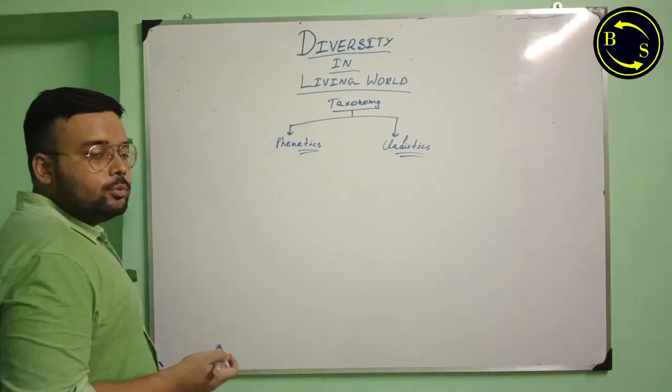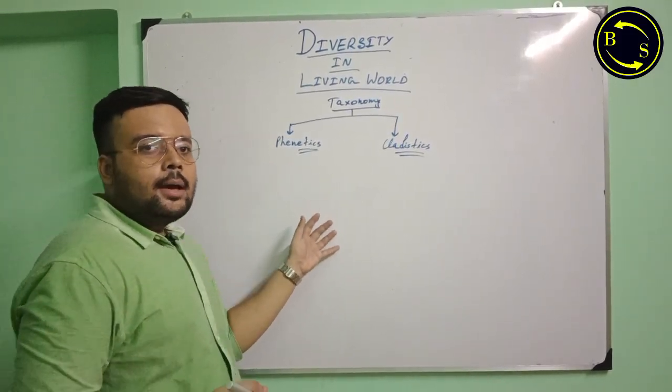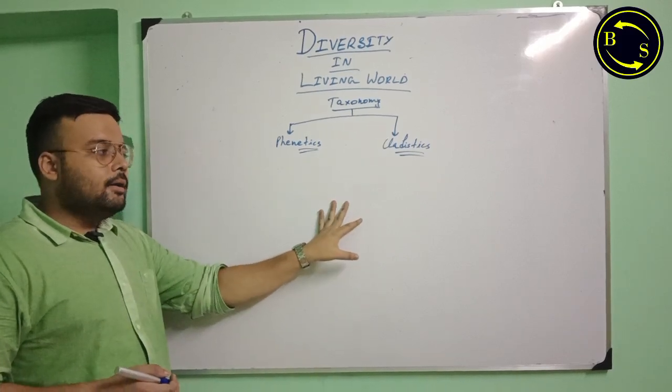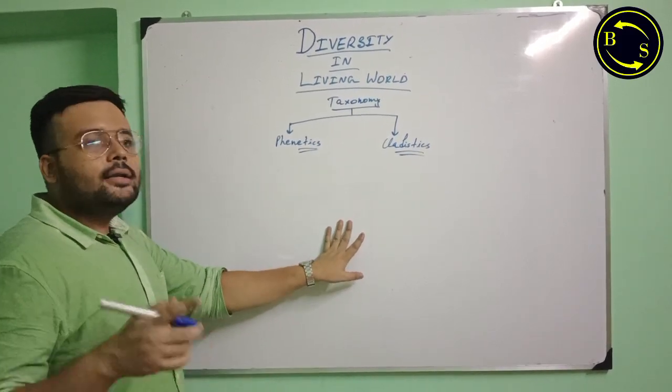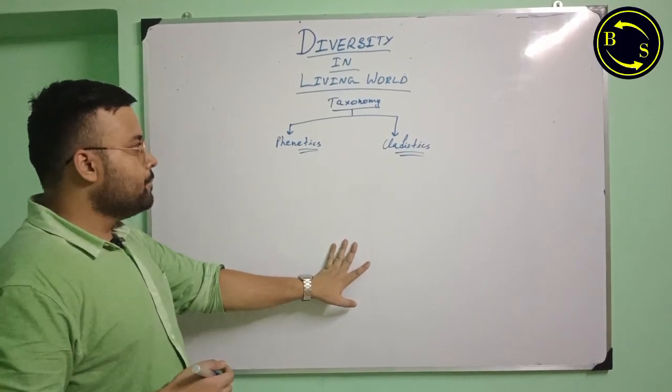What does phonetics do? Phonetics groups or classifies animals based on the number of similar characters and divides living groups based on number of dissimilar characters.